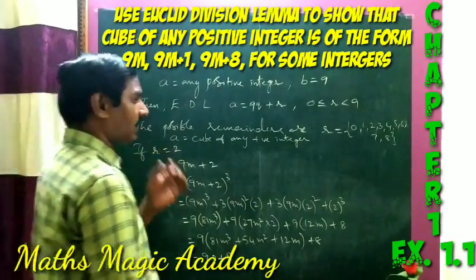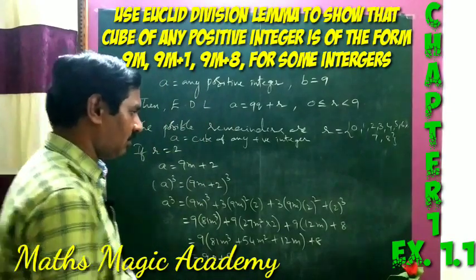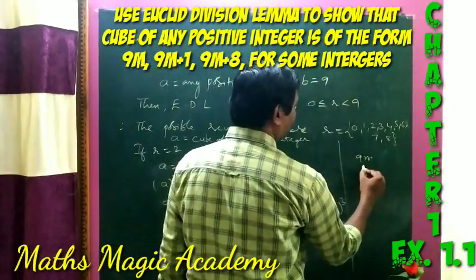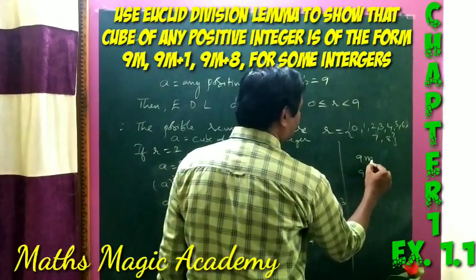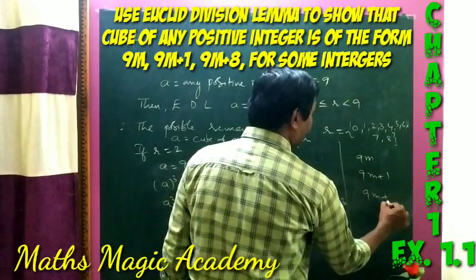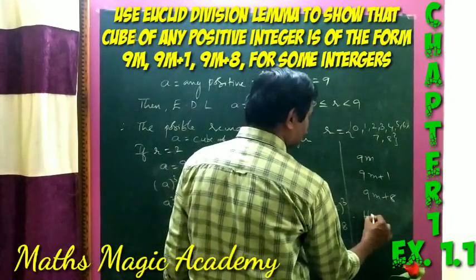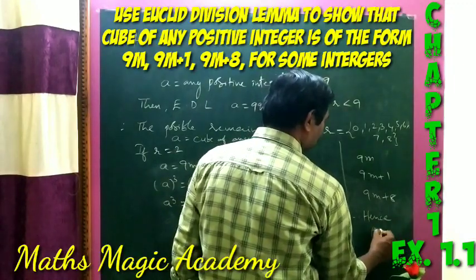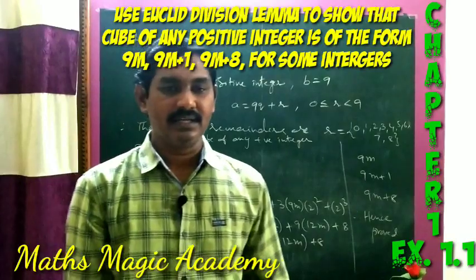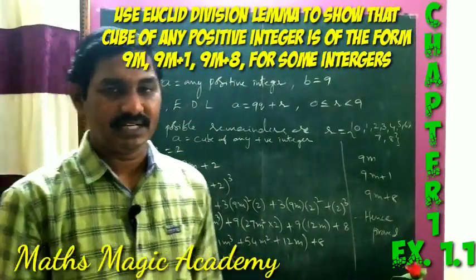Similarly, if you go for r equals 3, 4, 5, 6, 7, 8, definitely all of those will exist in the form of 9m, or 9m plus 1, or 9m plus 8. Therefore, hence proved. Like that we can solve the problems by using Euclid's division lemma.